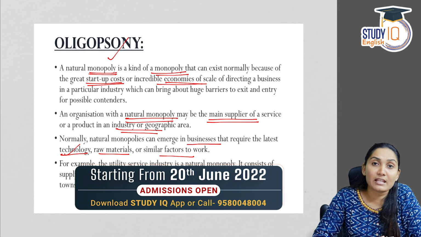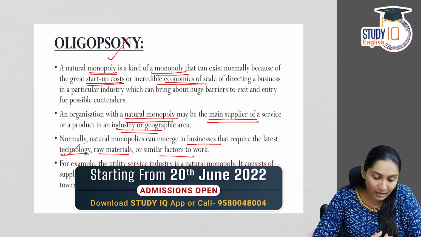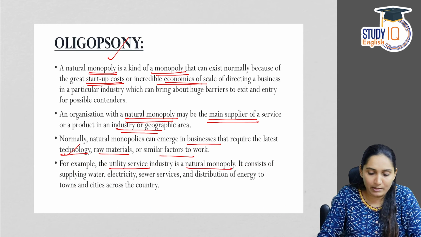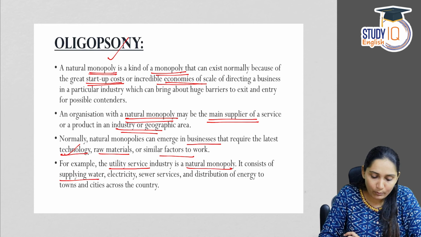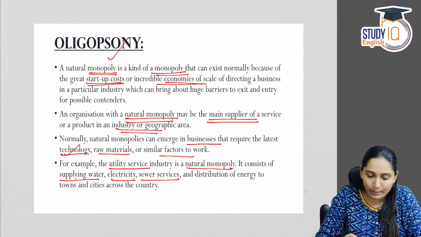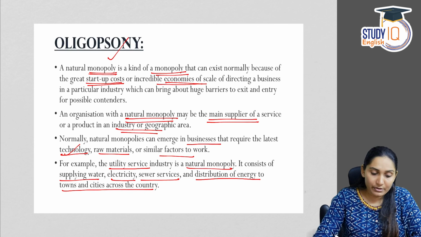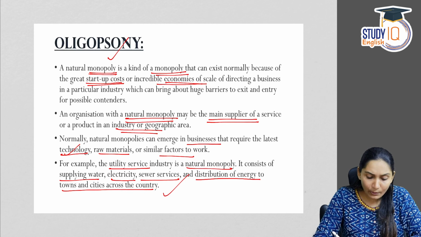This is because of the natural factor this firm has become the monopoly. Example, utility service industry is a natural monopoly. It consists of supplying water, electricity, sewer services, distribution of energy to towns and cities across the country. So these are the examples of natural monopoly.